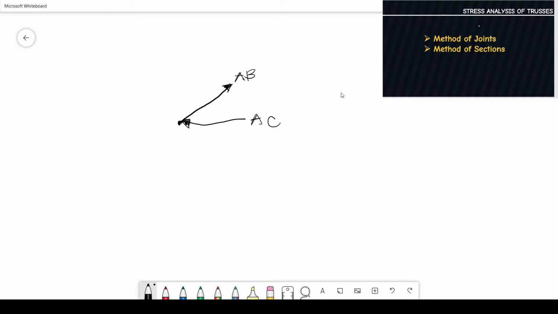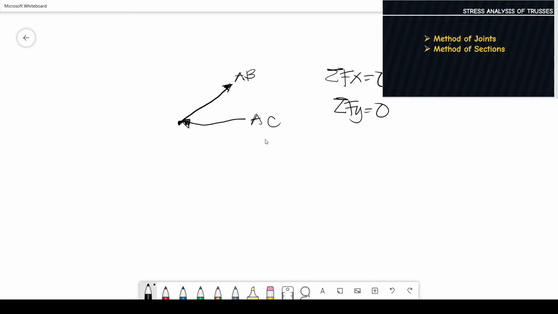The only equations you can use are the two static equilibrium equations, which are summation of Fx equals 0 and summation of Fy equals 0. You cannot use moment, because there is no distance.